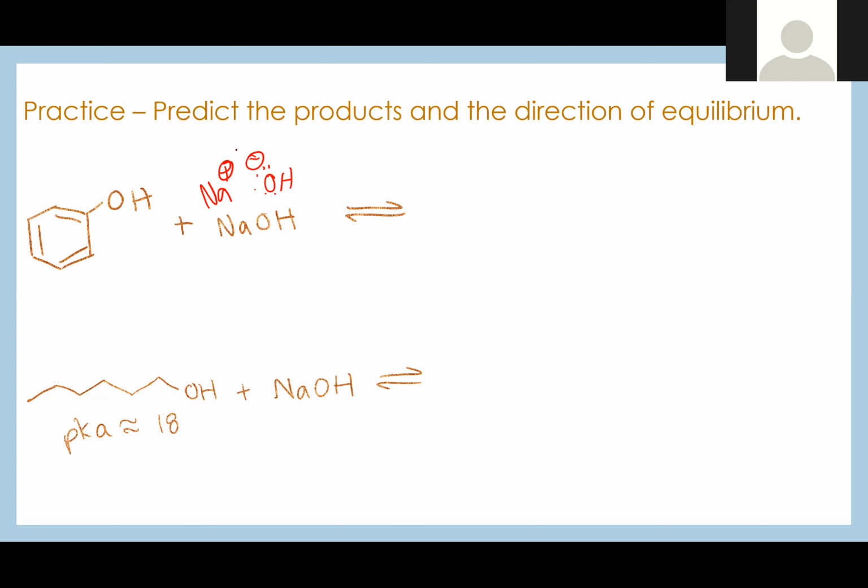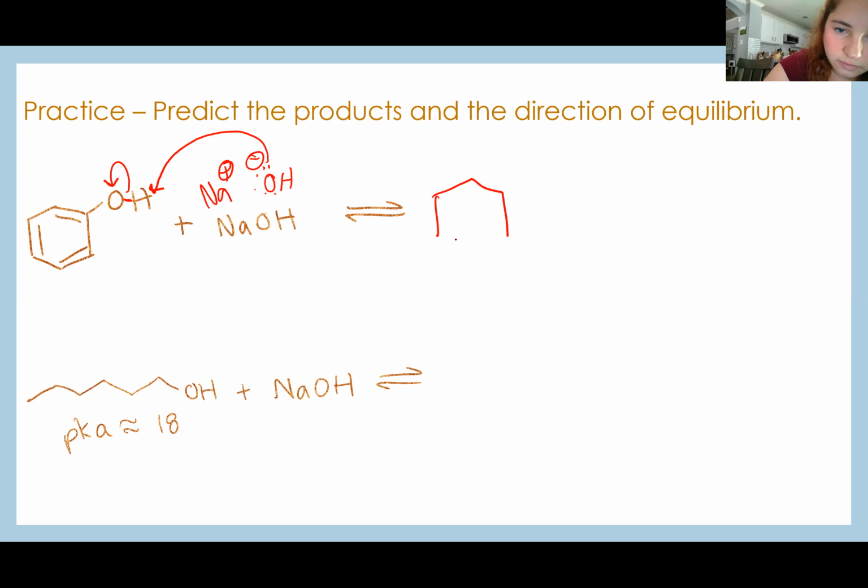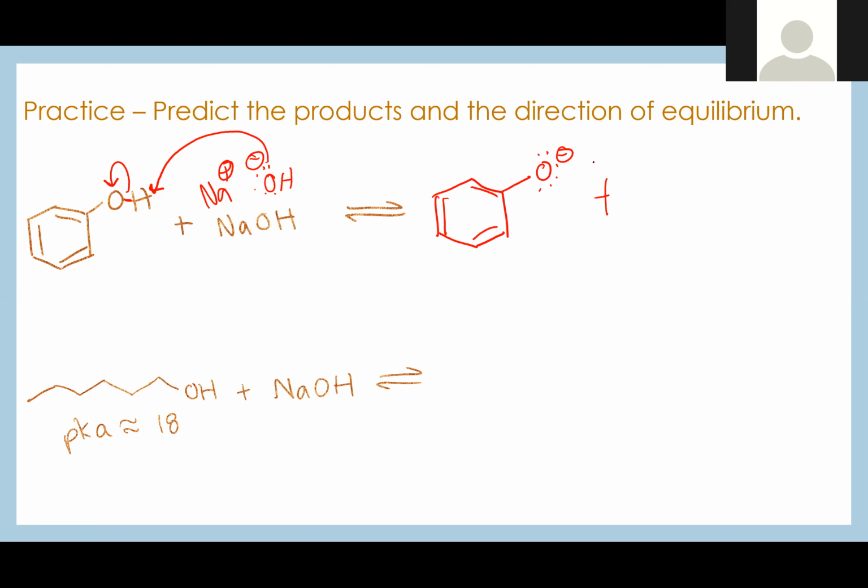It's going to attack the hydrogen on phenol. Right. And then we're going to have to break the bond between the oxygen and hydrogen. And that's going to give us phenoxide. And what would our other product be? Water.